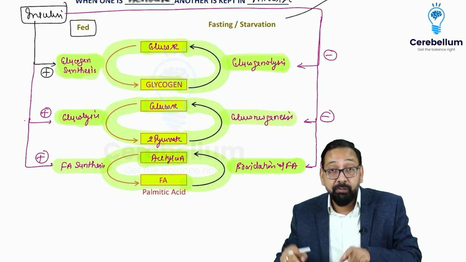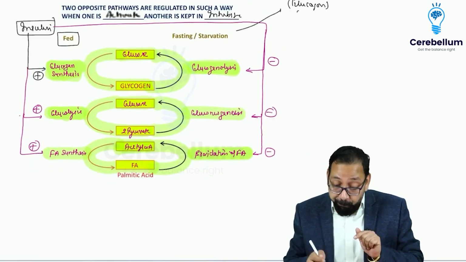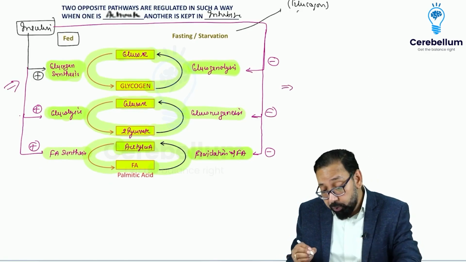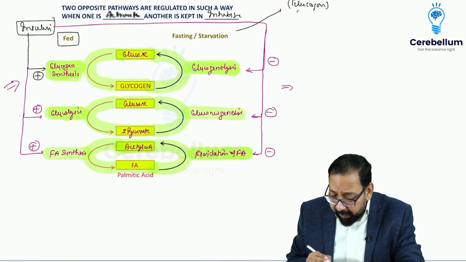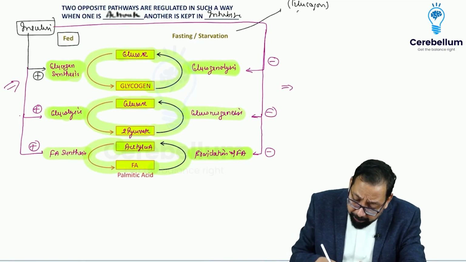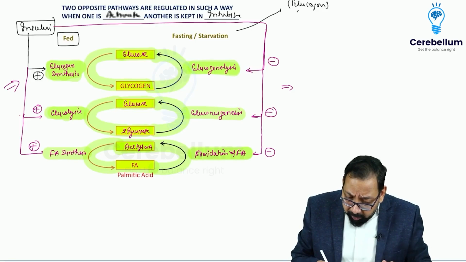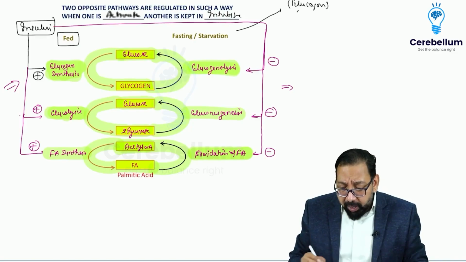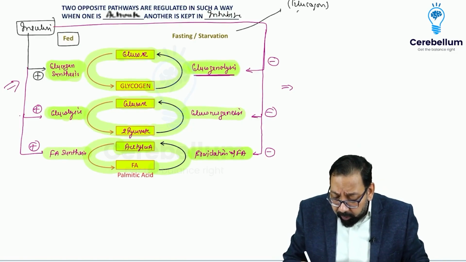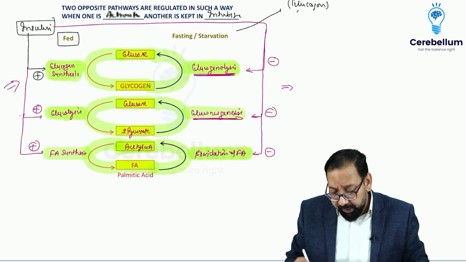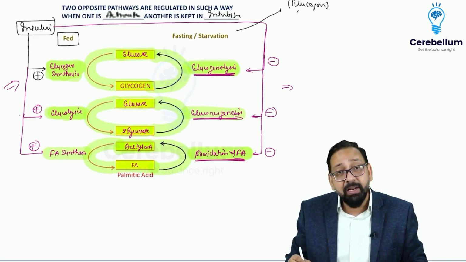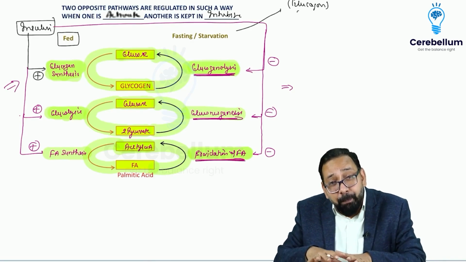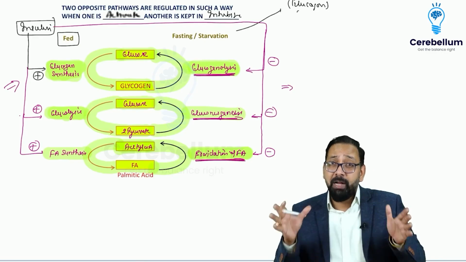Two opposite pathways are regulated in such a way that when one is activated, the other is kept in an inhibited state. Now you can easily remember all enzymes of these pathways: glycogen synthesis, glycolysis and fatty acid synthesis are activated by insulin, and enzymes of glycogenolysis, gluconeogenesis and beta oxidation of fatty acid are inhibited by insulin. Most of the time, questions are surrounded by these three opposite pathways.